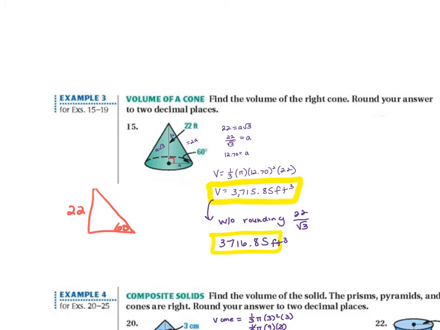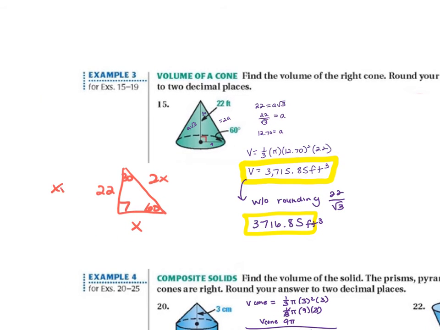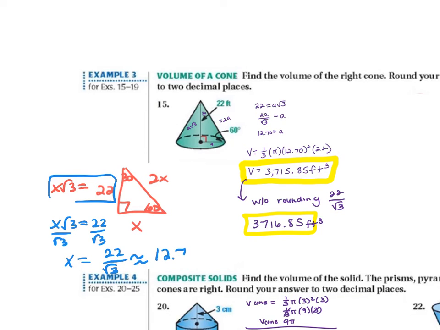So again, let's label our sides. Across from 30 is x, this is 2x, and the 22 is x square root 3. I need to solve this. So x square root 3 equals 22. Divide by root 3. X is equal to 22 over square root 3. Once I divide that, I get the 12.7 or 12.70.